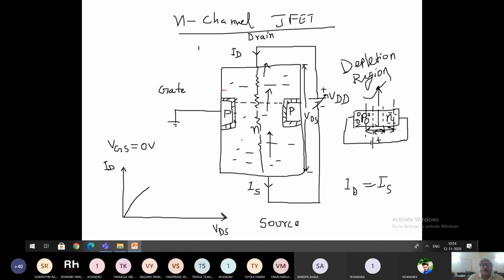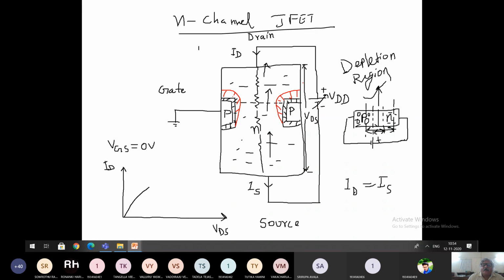Means here you will see like this. This is the depletion region. It has been increased, but it will increase only in the upper portion of this channel, right? It will not increase in the lower portion where there is a source. Why? Because for source and gate, there is no change in the potential. It is at the same potential, right?